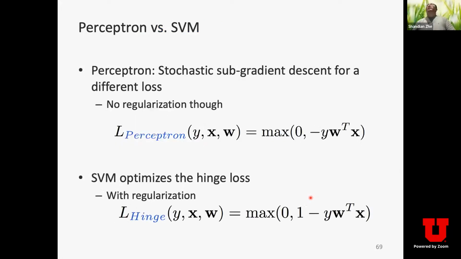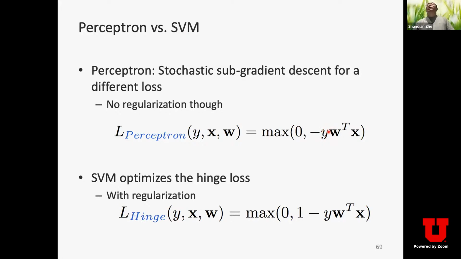The answer is yes. So if we write down the objective function of the perceptron in this way, and follow the same idea to compute the stochastic subgradient, it's a max of 0 and minus y w transpose x.